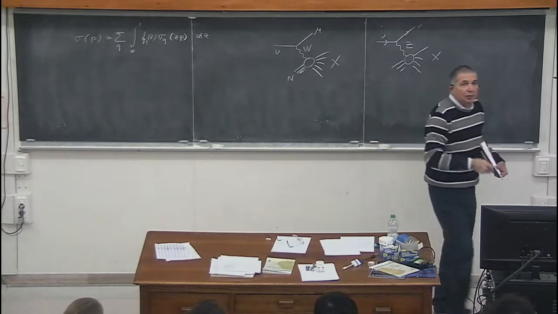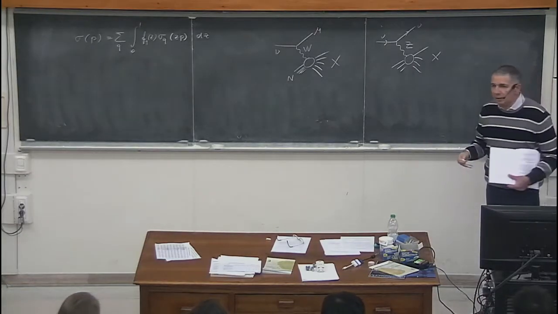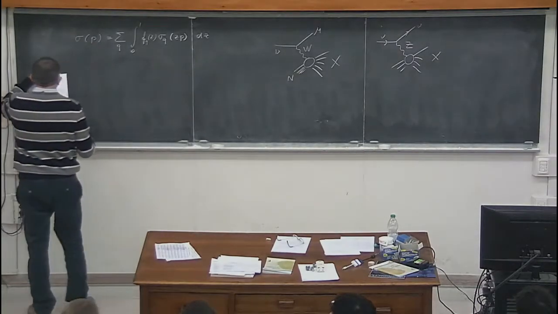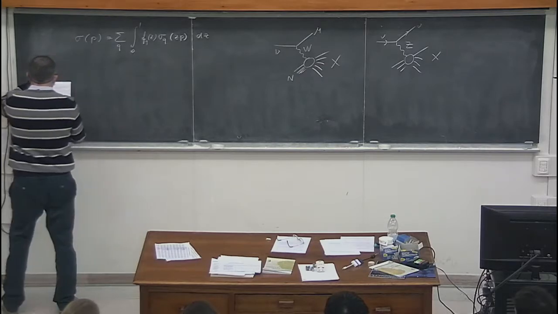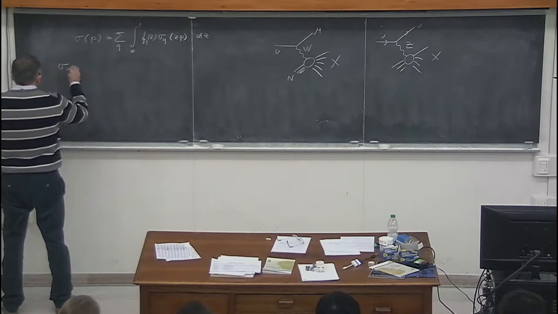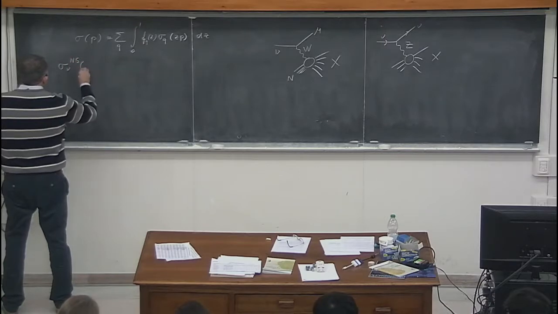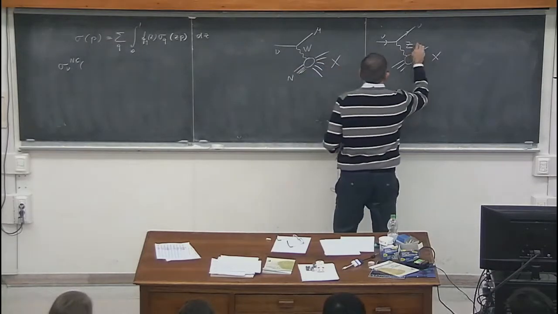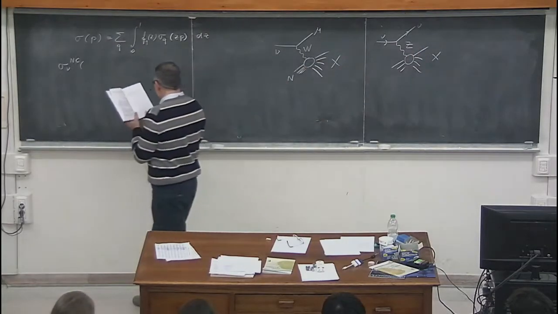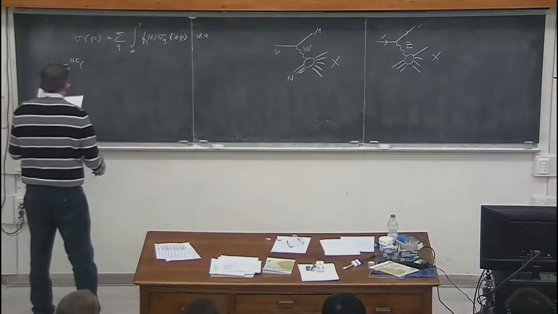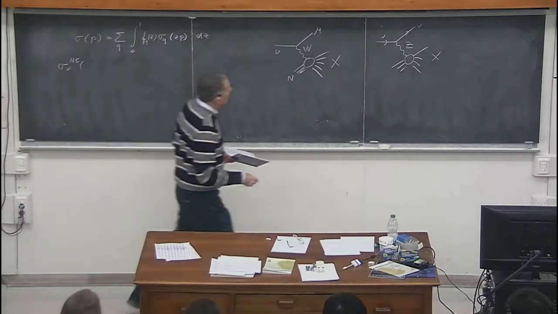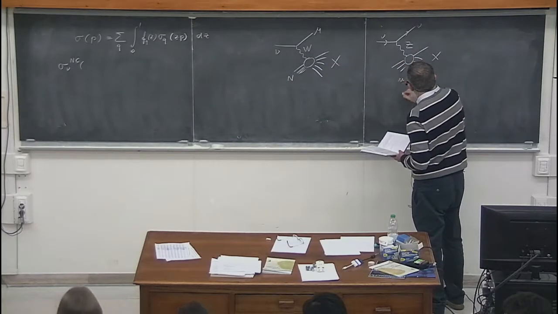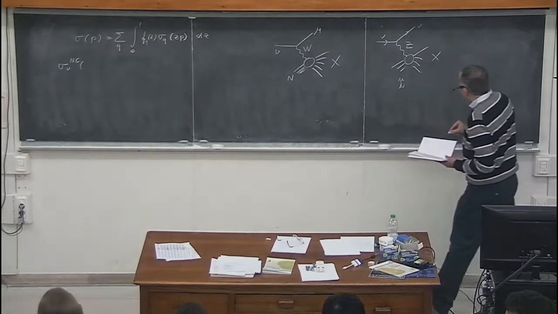So if you consider the neutrino cross-section induced by neutral current, the cross-section for this process here, and you take into account the fact that with neutral current, you can take both an up quark or a down quark in the original hadron, then you end up with this expression.